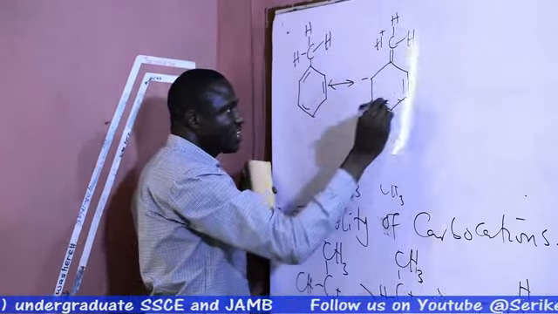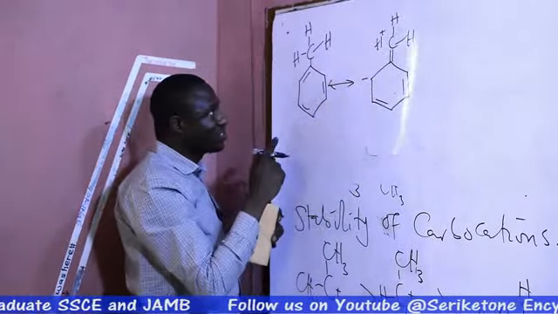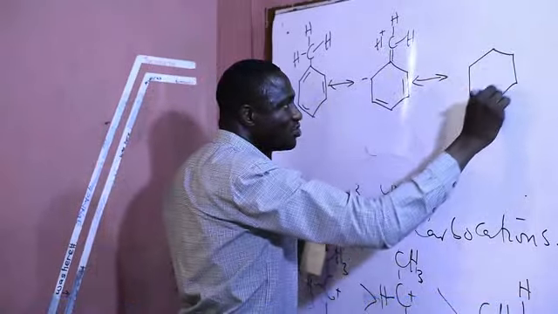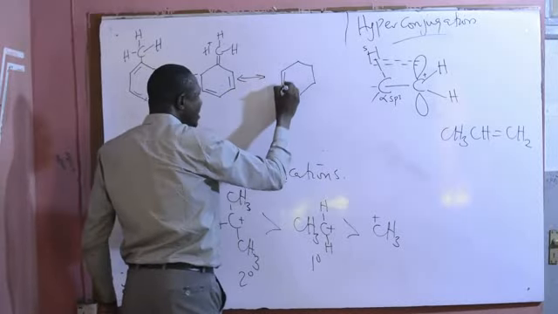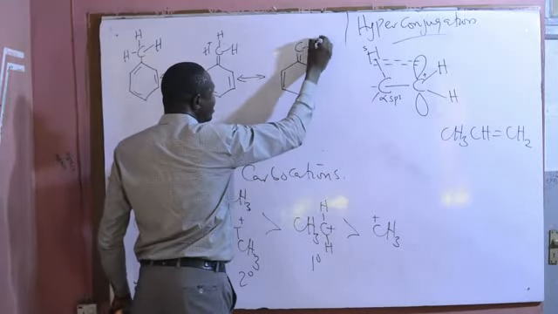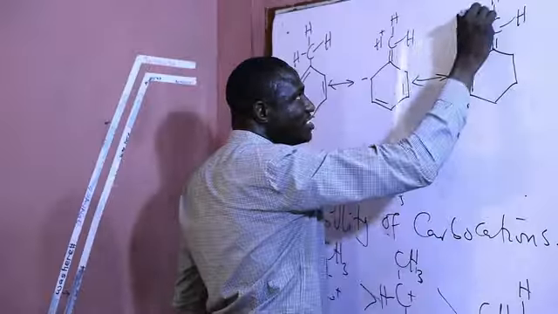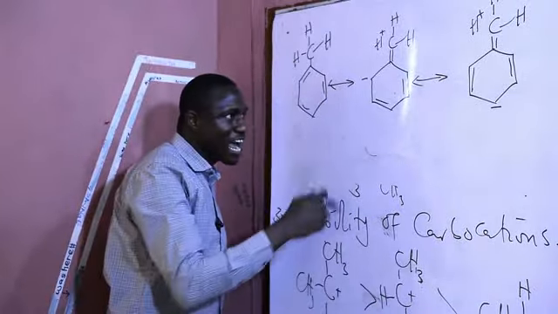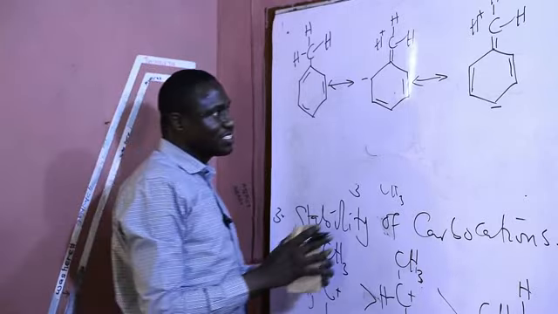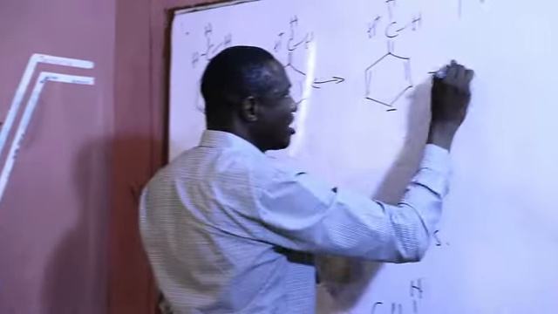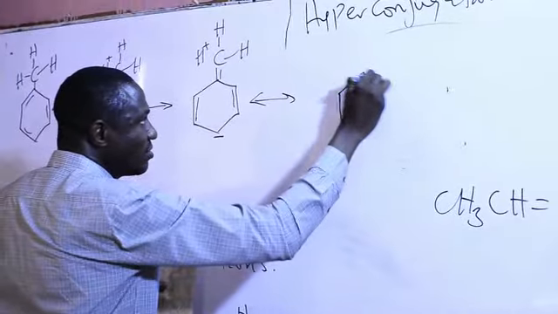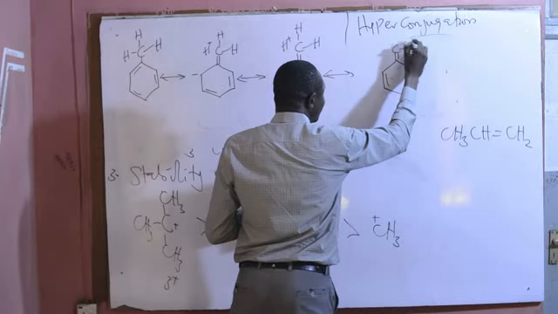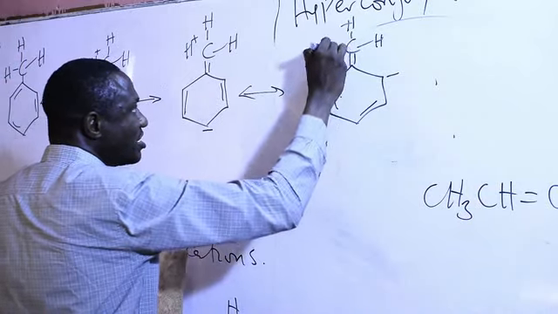This is negative, you have another stability here. So in that case, you can have another hyperconjugative structure whereby there is a double bond here, hydrogen, hydrogen, then you have this, and there is a double bond here, negative charge. You can have another hyperconjugative structure like this: double bond, negative charge, carbon, hydrogen, hydrogen, then you have the hyperconjugation.